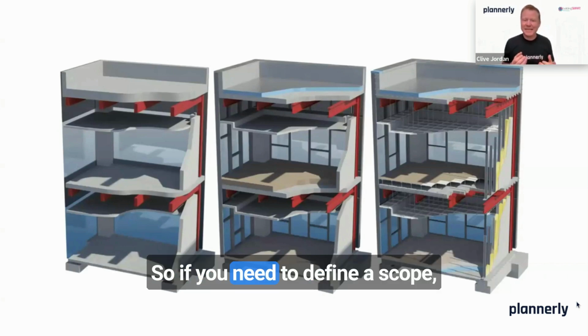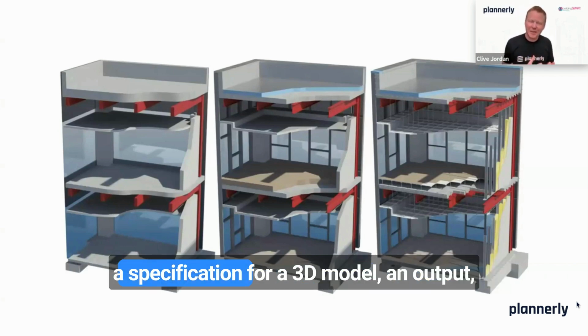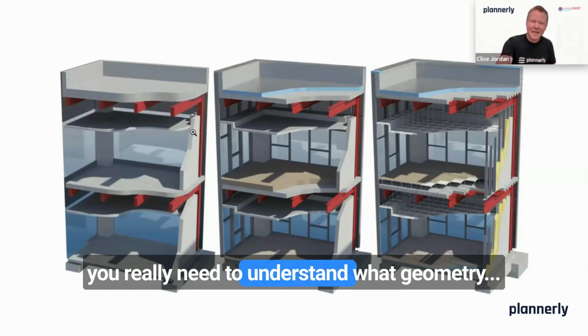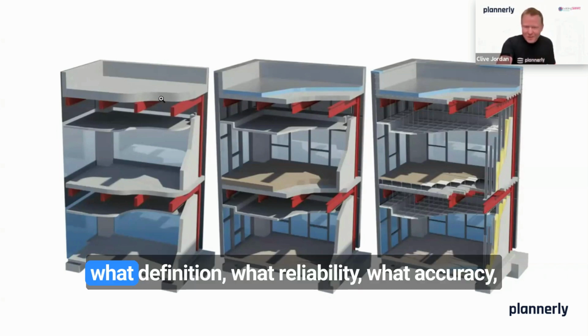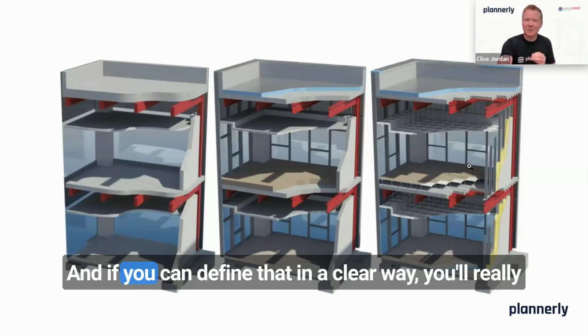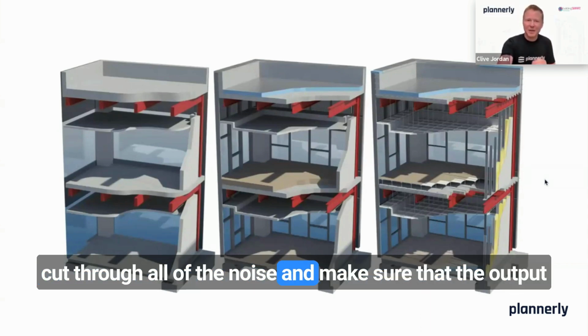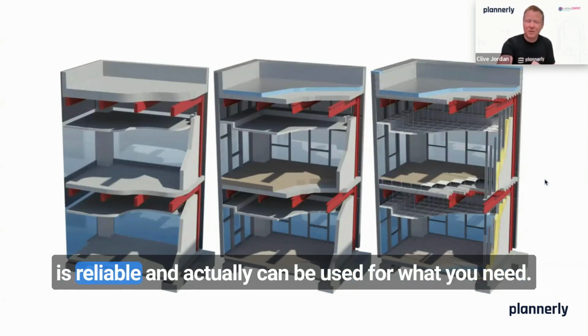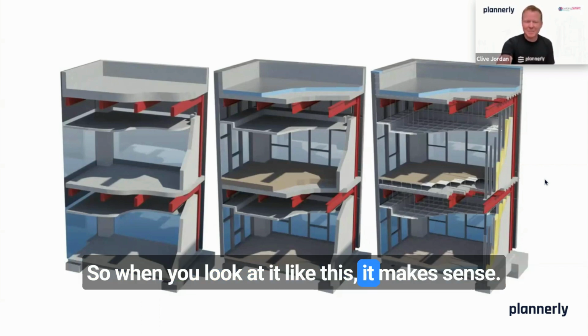If you need to define a scope, a specification for a 3D model output, you really need to understand what geometry, what definition, what reliability, what accuracy, what information, all of these different aspects. If you can define that in a clear way, you'll cut through all of the noise and make sure that the output is reliable and can actually be used for what you need.